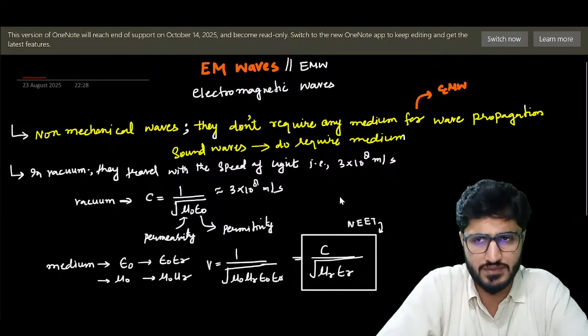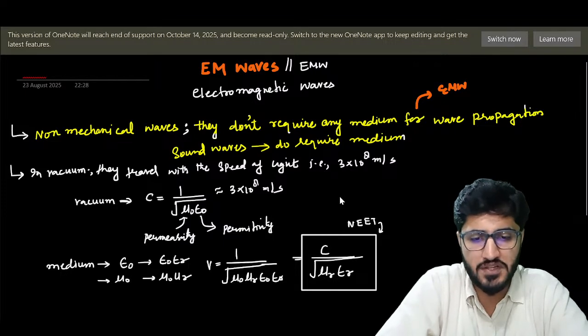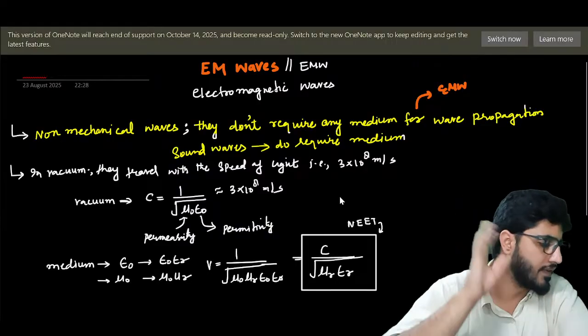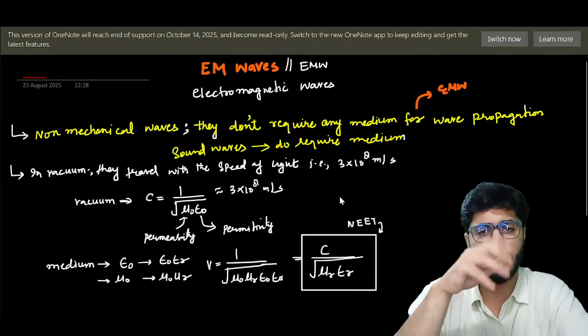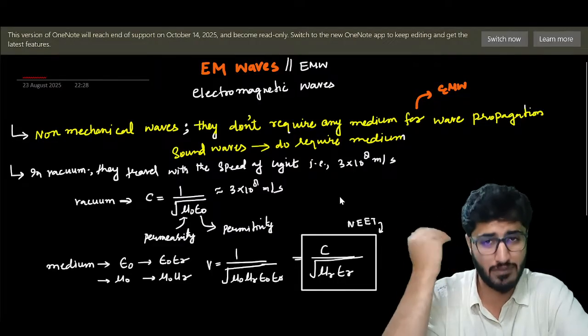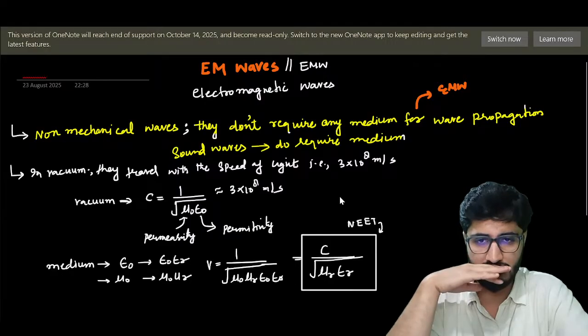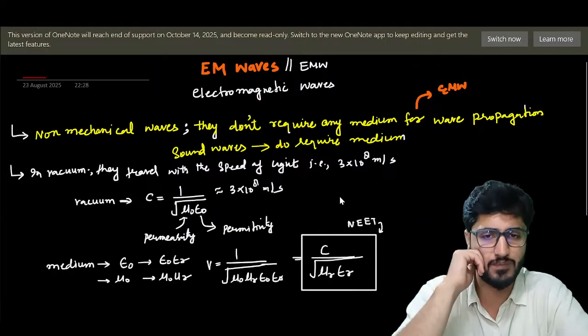I guess super easy, right? You will get numericals from EMW in only this way. It is not a very big chapter. It doesn't have that many high conceptual things in it, right?